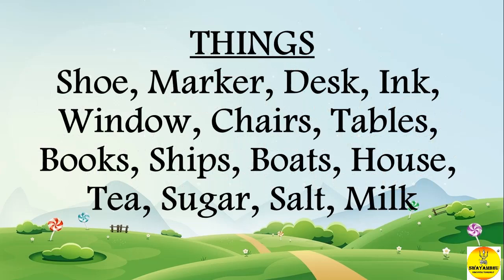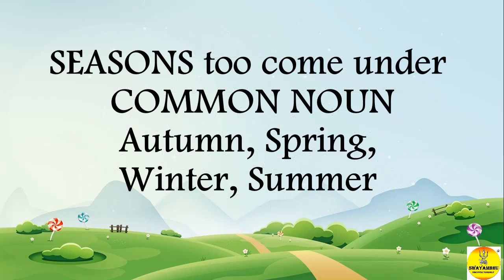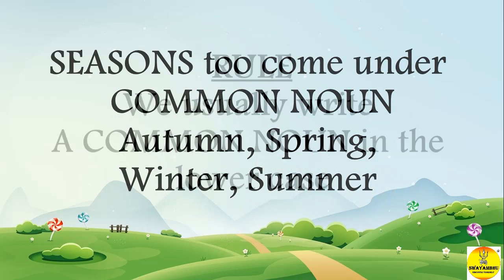Things: shoe, marker, desk, ink, window, chairs, tables, books, ships, boats, house, tea, sugar, salt, milk. Seasons too come under common noun like autumn, spring, winter, summer.